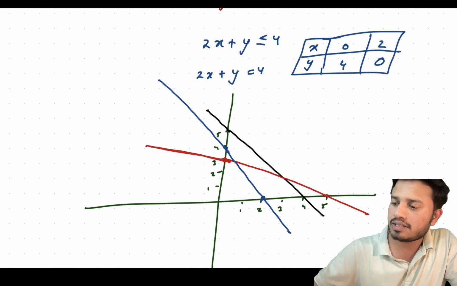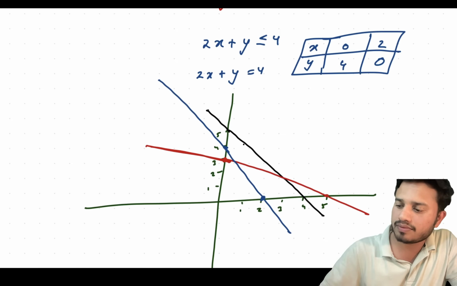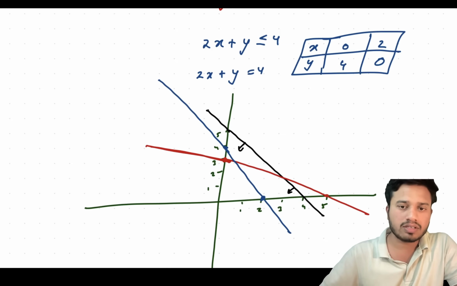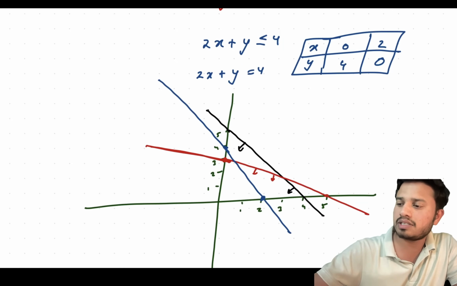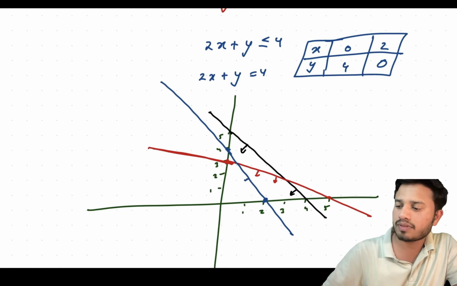The first line is taking these points here. This region is pushing towards the origin. Similarly, the second region is also pushing, and the third region is also pushing towards the origin side.